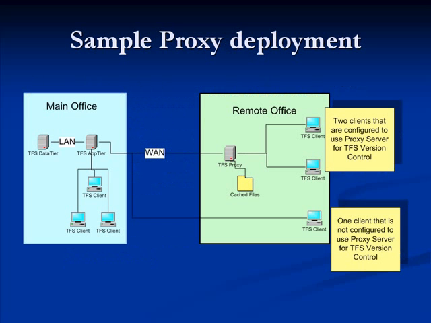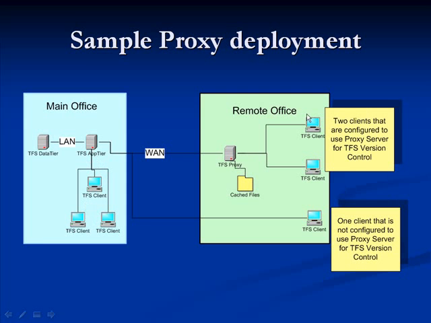This diagram shows where proxy fits in with respect to the rest of the Team Foundation components. So in this diagram you can see we have a main office where the Team Foundation data tier and the application tier are installed, and in this case we also have a set of TFS clients that are located in the main office, wherein they directly connect to the Team Foundation application tier.